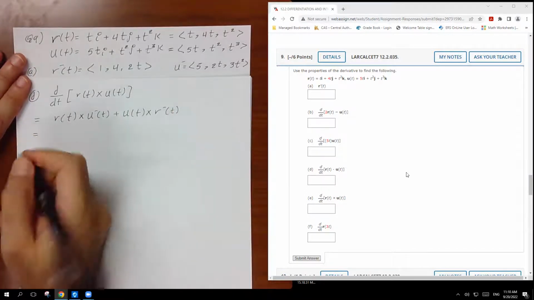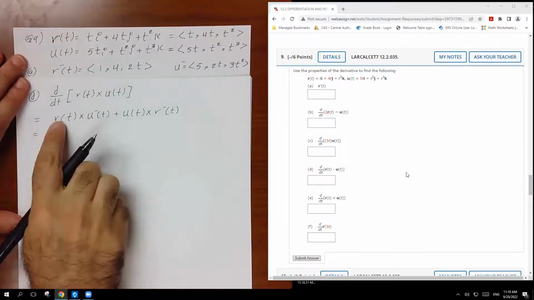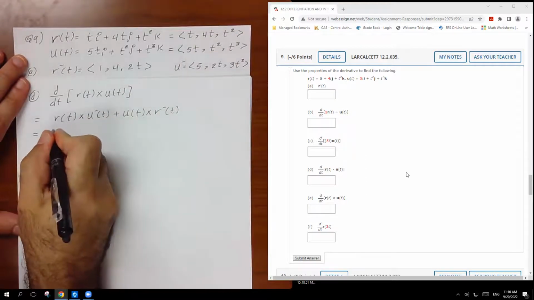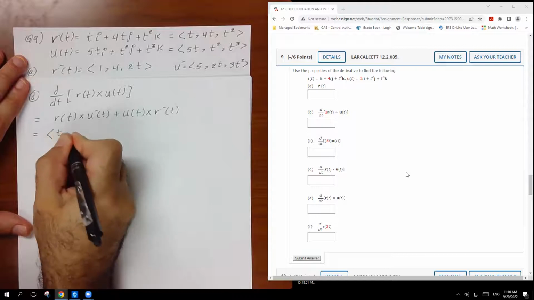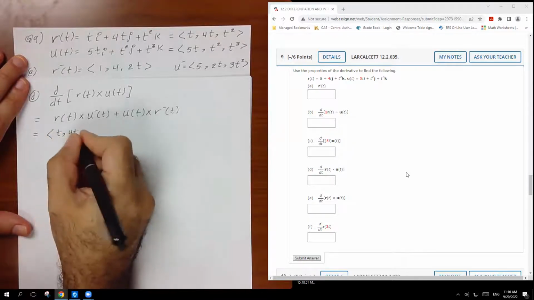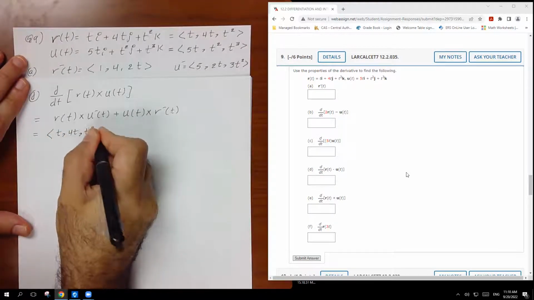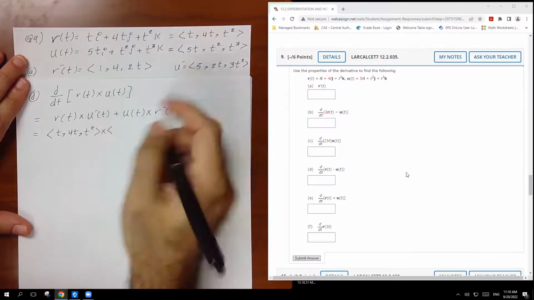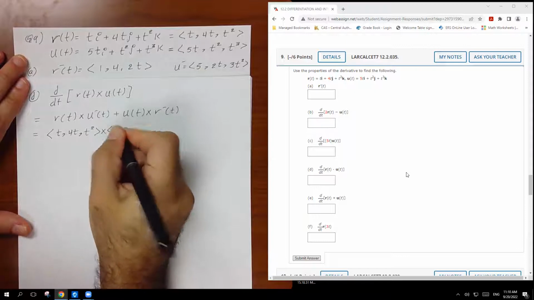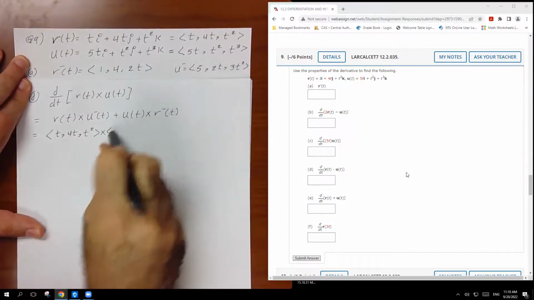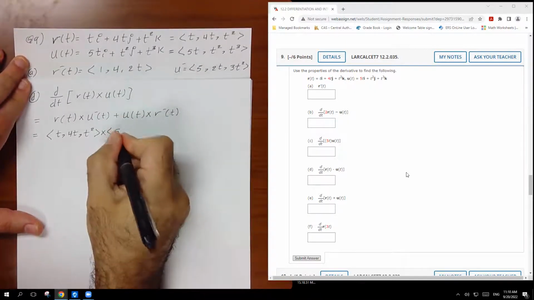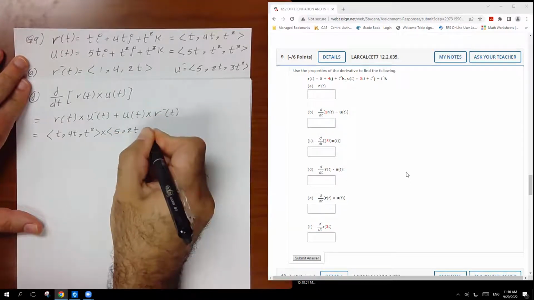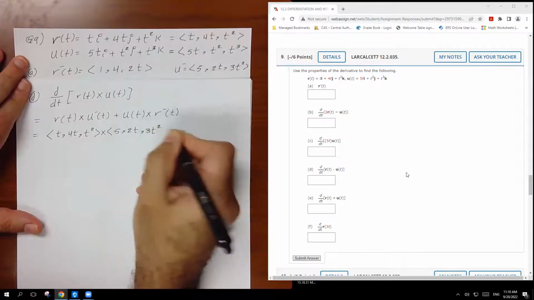So now we have r of t, which is t, 4t and t squared, cross with the prime of u, which is 5, 2t and 3t squared.